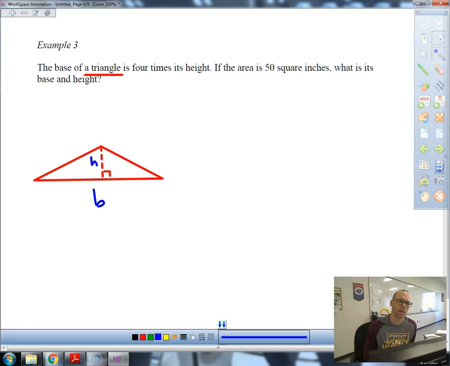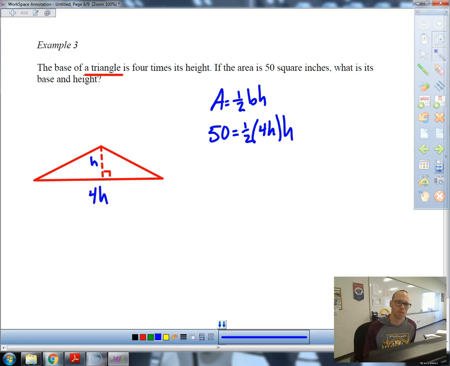So if I call the height h, I can call the base 4h. So our area formula is 1/2 base times height. Let's substitute in. 50, what's that going in for? A, the area. The base, what are we going to put in there? 4h. The height, we'll leave that as h.